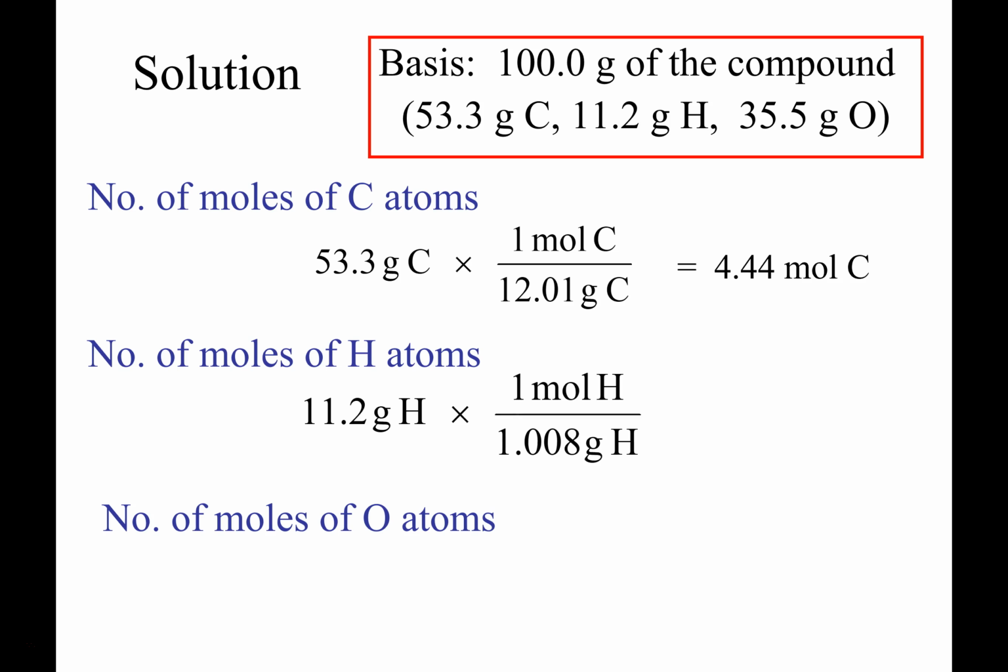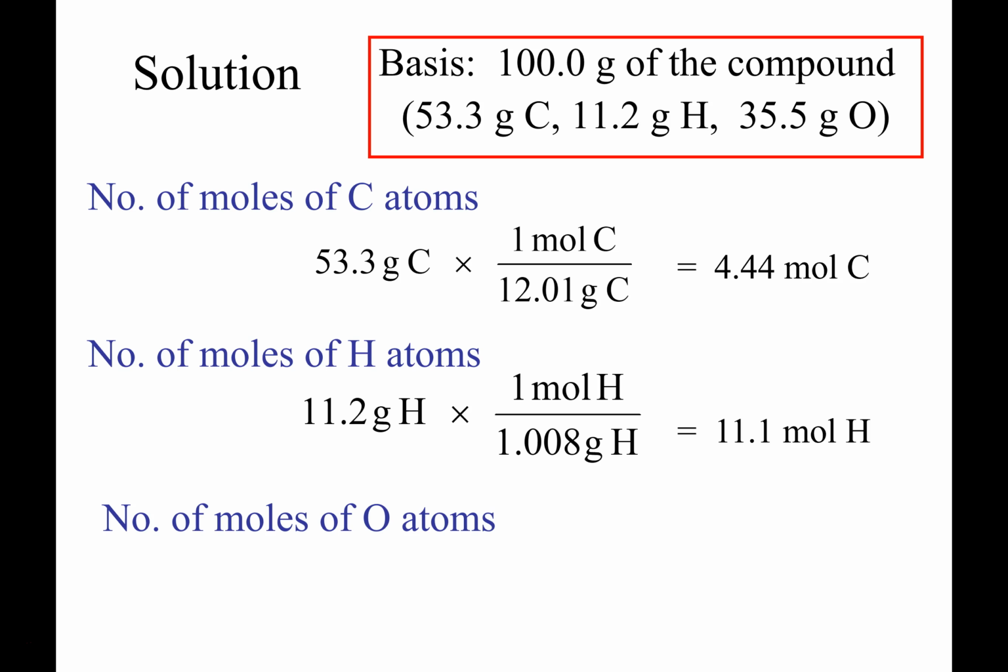So for hydrogen, based upon its percent hydrogen in 100 grams of sample, you're looking at 11.2 grams of hydrogen, which actually is a lot of hydrogen. Its molar mass is 1.008 grams of hydrogen per 1 mole of hydrogen. 3 sig figs, you're looking at 11.1 moles.